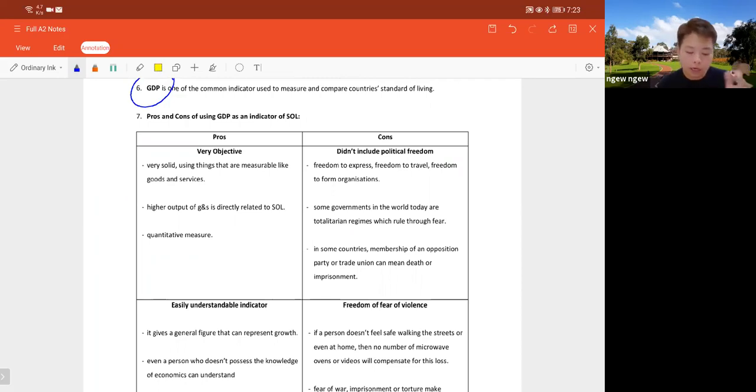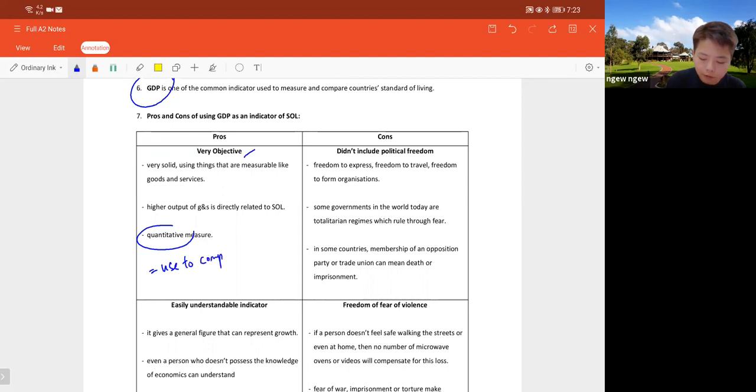First of all, GDP is a quantitative method, so it is very objective, as in every country measures GDP the same way. So when it is very objective, it can be used to compare standard of living between countries easily. This is why GDP is mostly used.